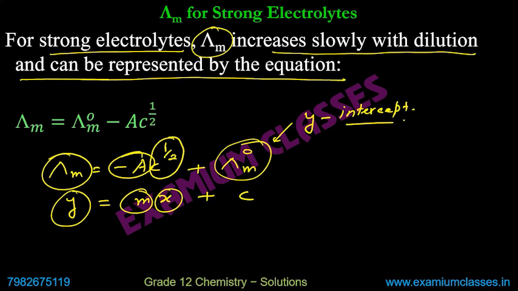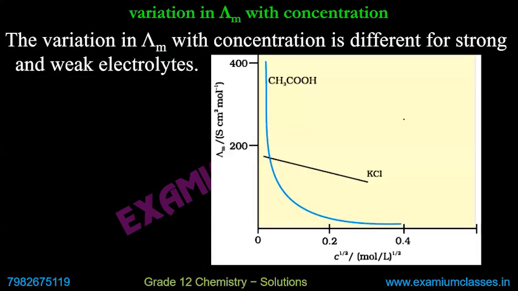And that's what you see here in this diagram. The slope is negative, so it is of this shape. Where it touches the y-axis, this will give you lambda m naught. Slope is minus A, x-axis is square root of C, y-axis is molar conductivity lambda m.